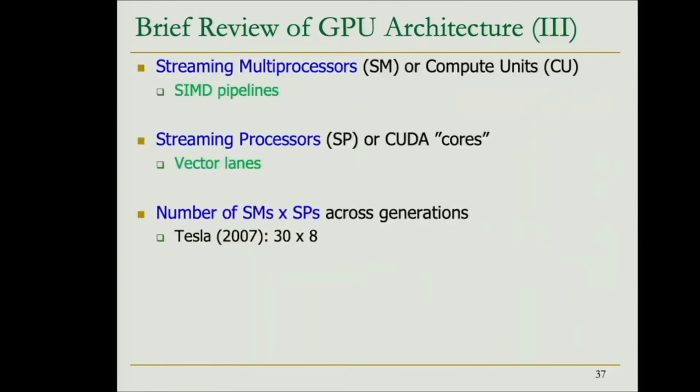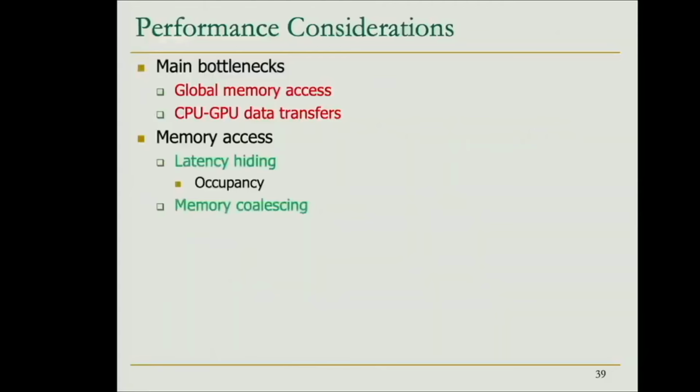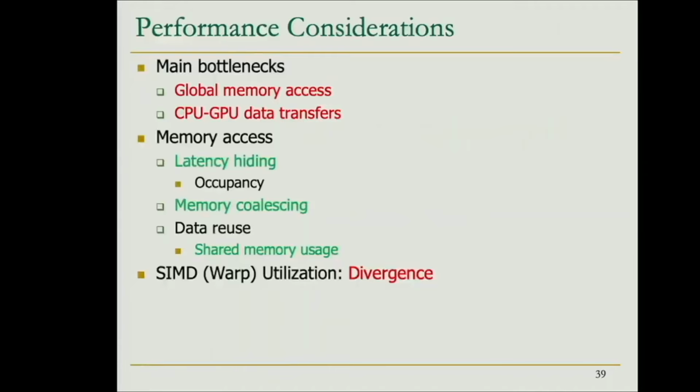It's kind of a software programmable cache. Its role is to be used as a cache, but it's something that the programmer can explicitly manage. It's not like a regular hardware cache where you just let the hardware work and don't have to worry about it. Here you can control it explicitly. Okay, so we will see how to use it.